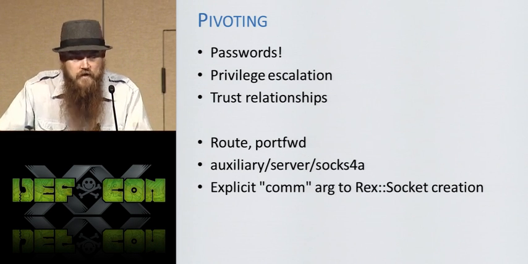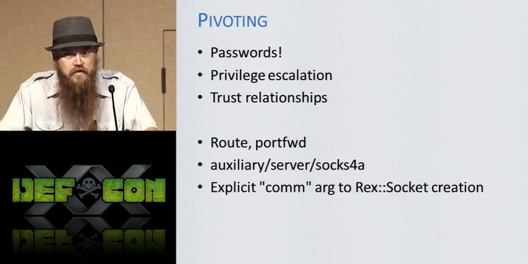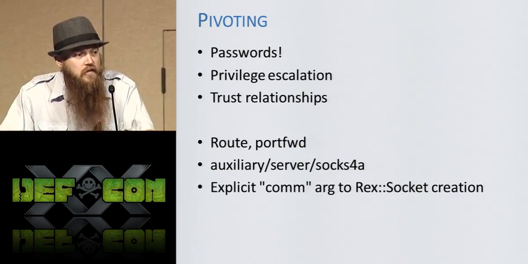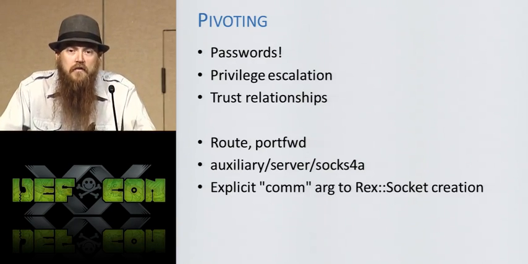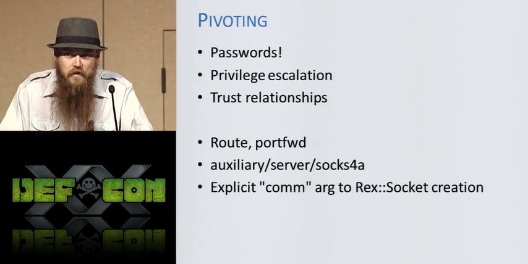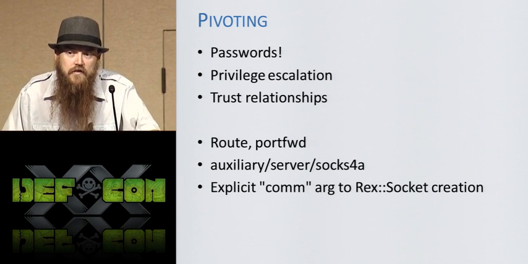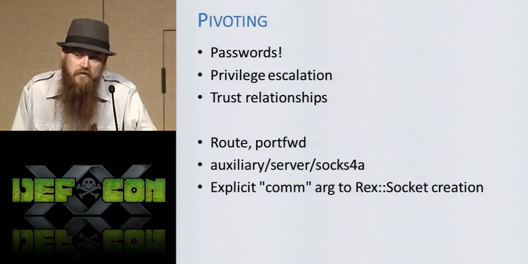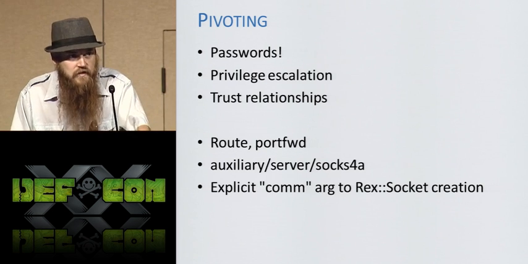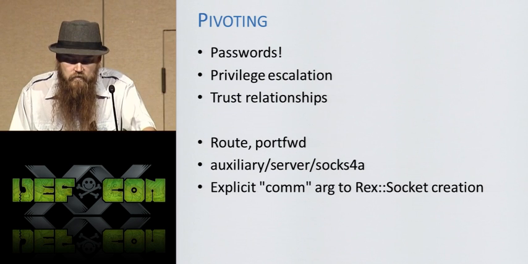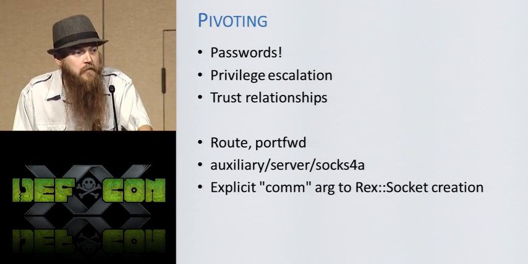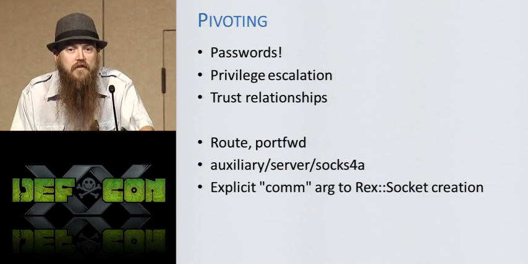The SOCKS module, the auxiliary module, sets up a SOCKS server on the local machine and gives you the same sort of idea, but since it's a proxy, you can just set that as your browser's proxy and then use it on all of the internal HTTP servers. So with those two simple techniques, you can run exploits against everything on the other side.